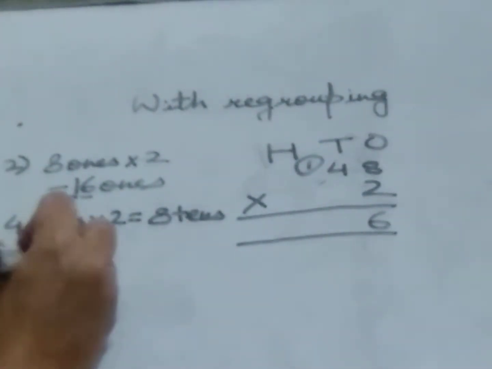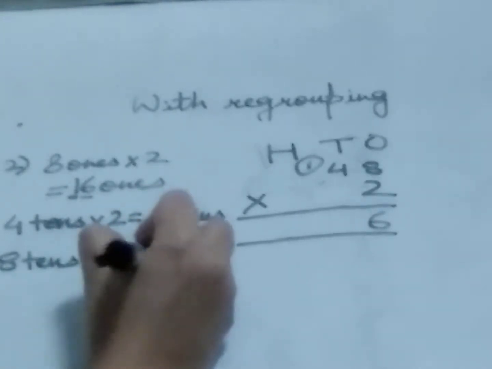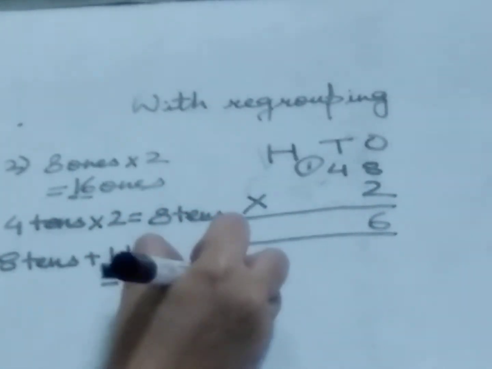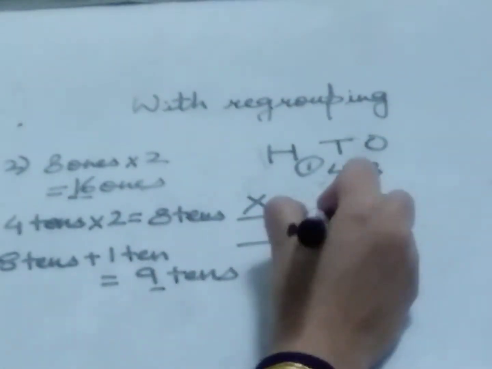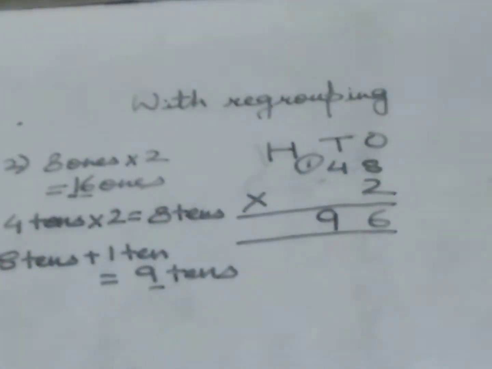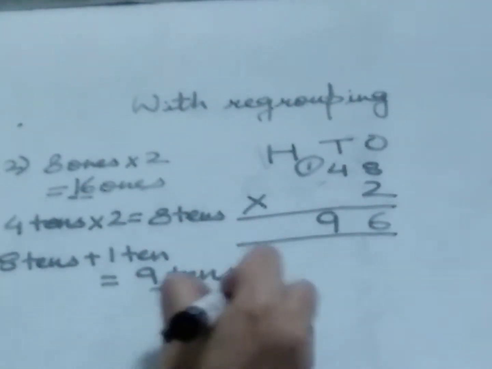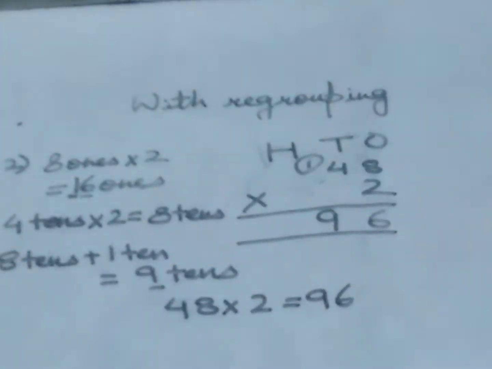Now 8 tens plus this 1 ten which is carried over, our answer is 9 tens. So write this 9 in the tens column. So our answer is 48 multiplied by 2 is equal to 96.